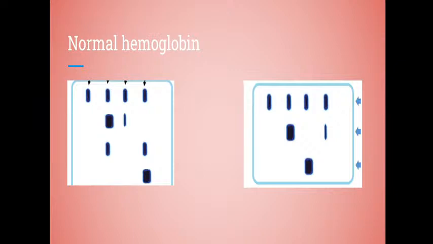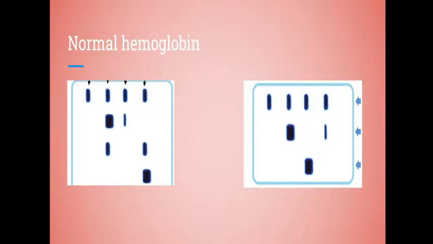So, ibig sabihin, this one is our patient. Hence, normal hemoglobin. Punta tayo sa acid electrophoresis. First band, we need to have a control for all 4. Means that the machine can separate different hemoglobin variants.